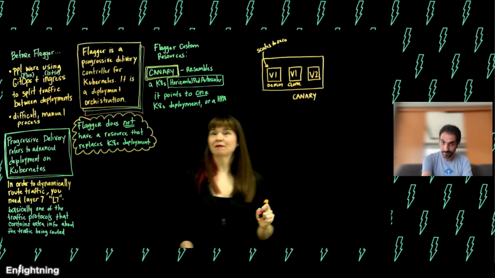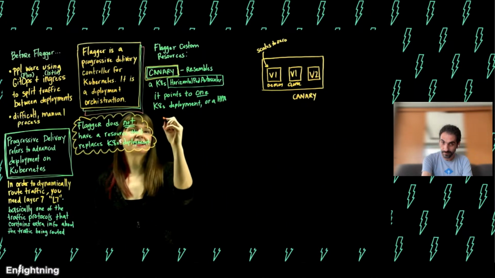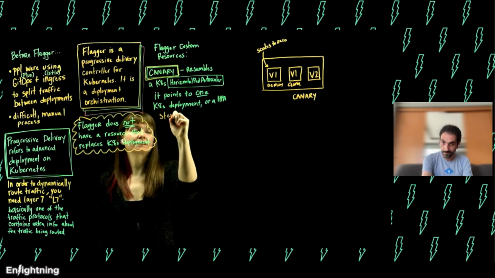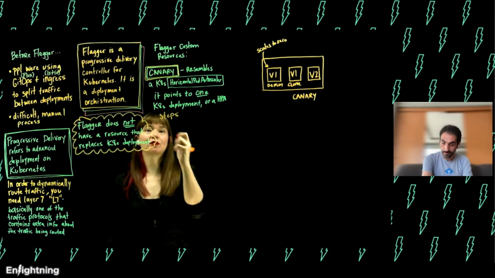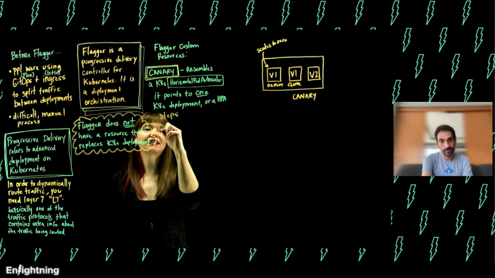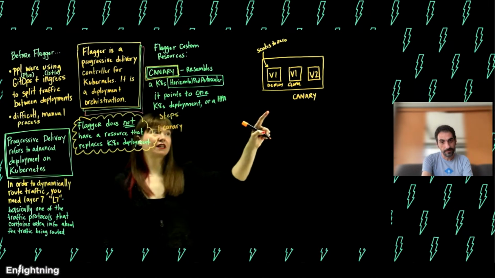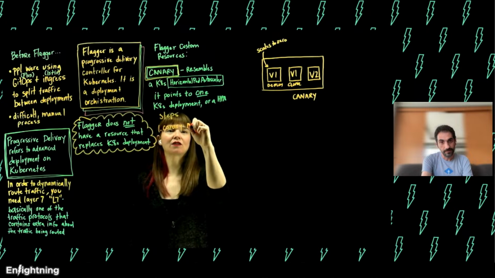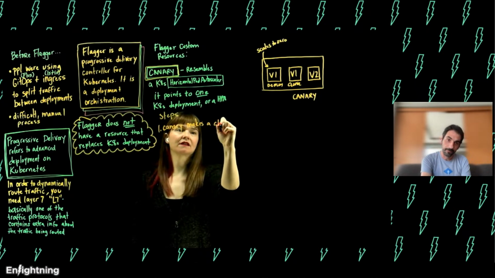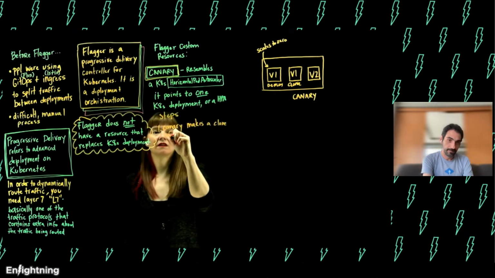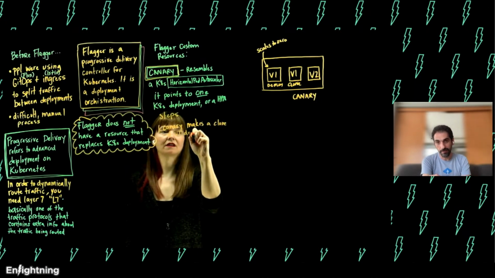So I like to make the steps. So first, a canary just exists and it has a deployment reference. And the first thing the canary resource does is make a clone of the V1 deployment. Yes. Then it routes all the traffic to that clone.